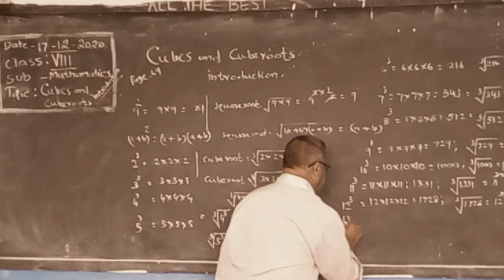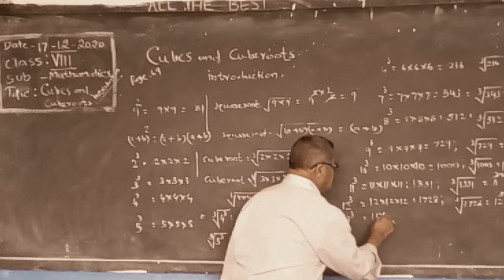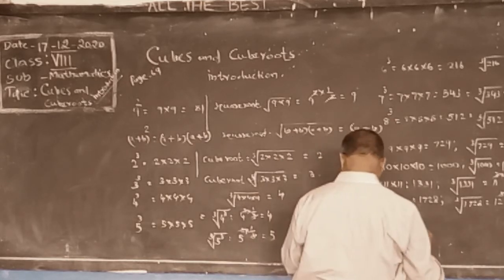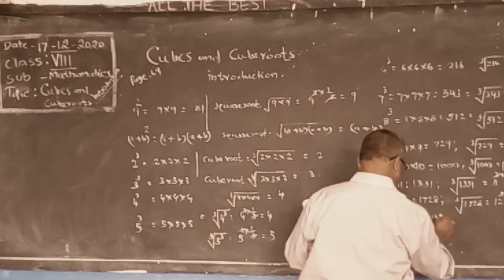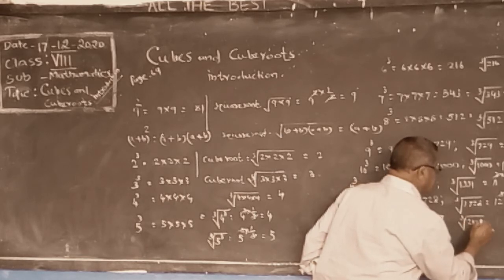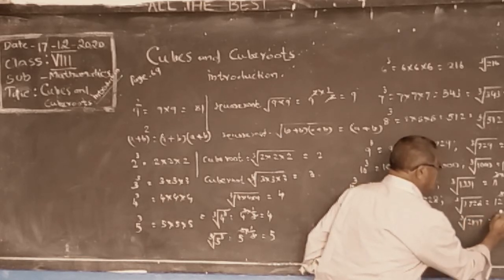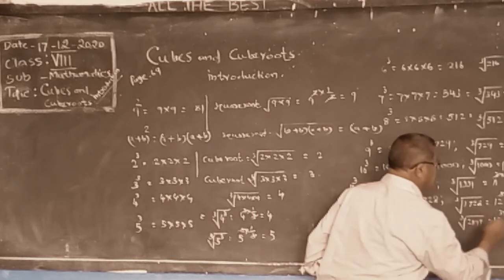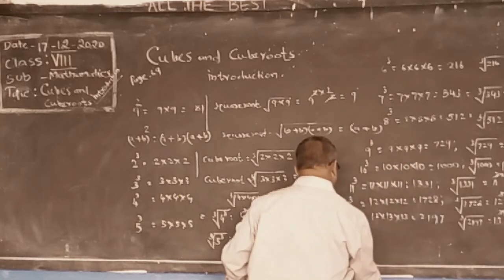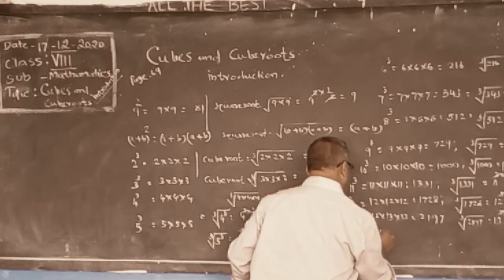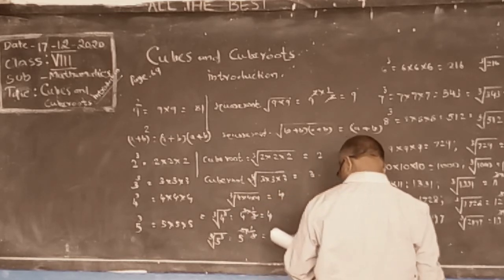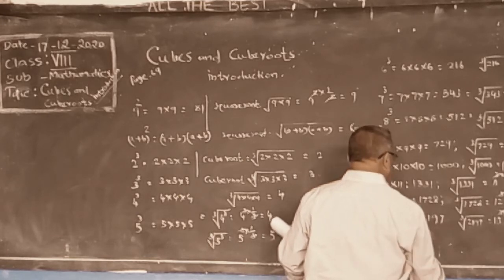13 cube, 13 into 13 into 13, this is 2197. The cube root of 2197 is 13 cube into 1 by 3. The 3s cancel. Similarly, 14 cube, 14 into 14 into 14, and write the product, 2744.